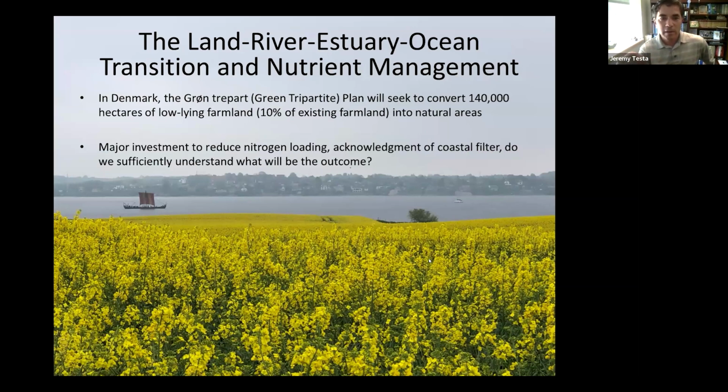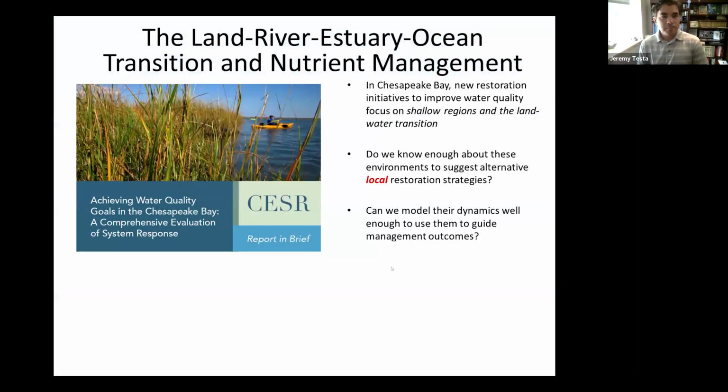One part of it is to convert 10% of the existing farmland, I think primarily along the coast, back into forest or some other habitat. So there's this big investment happening in restoring this land-water interface, with the assumption that it's going to provide these coastal filter processes. It motivates us to start thinking about what we know about this.